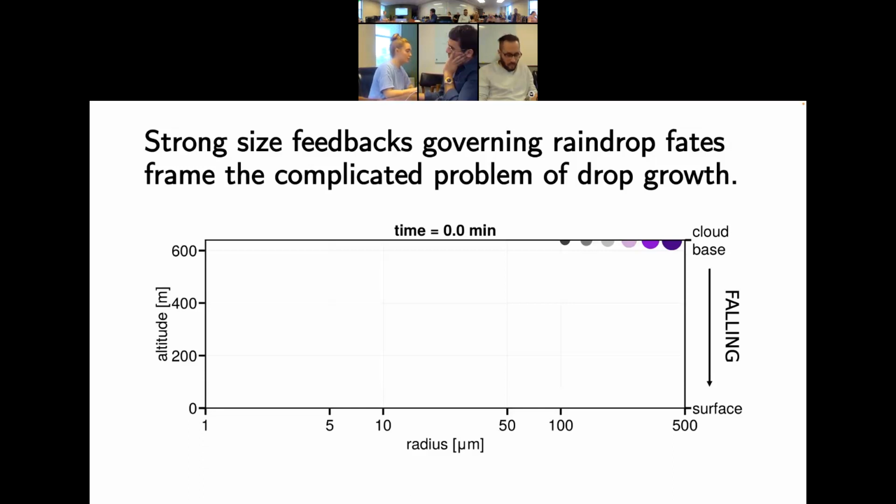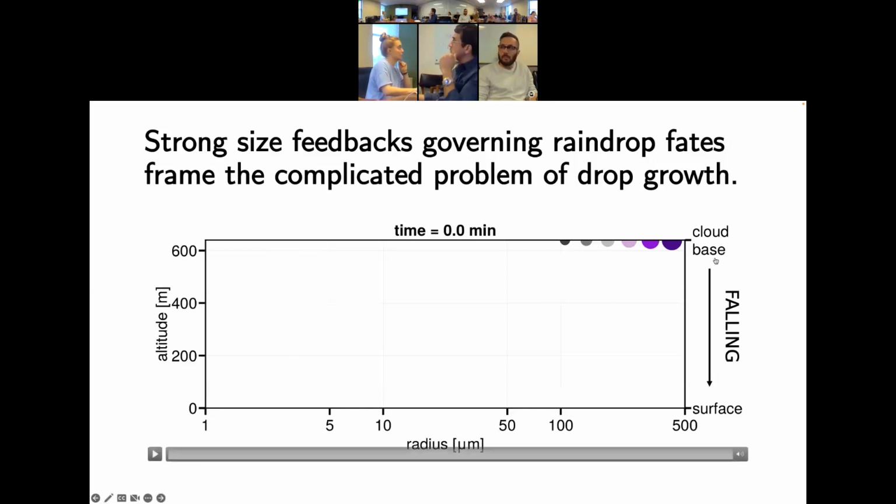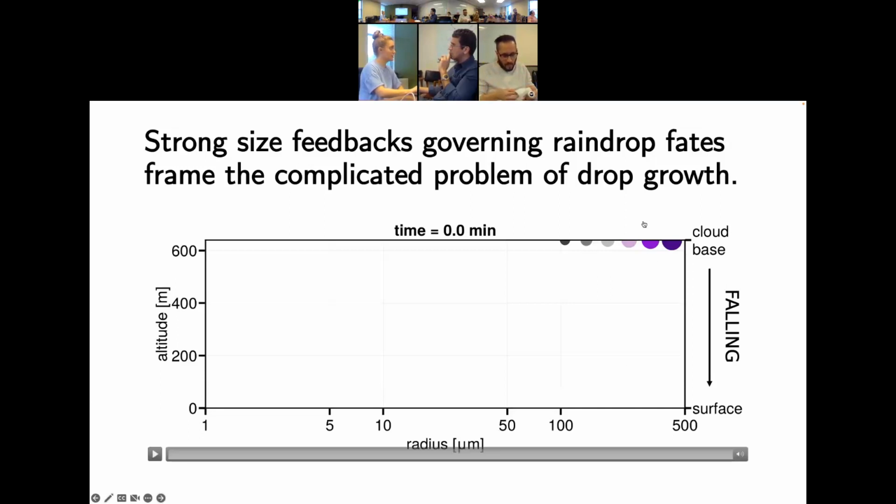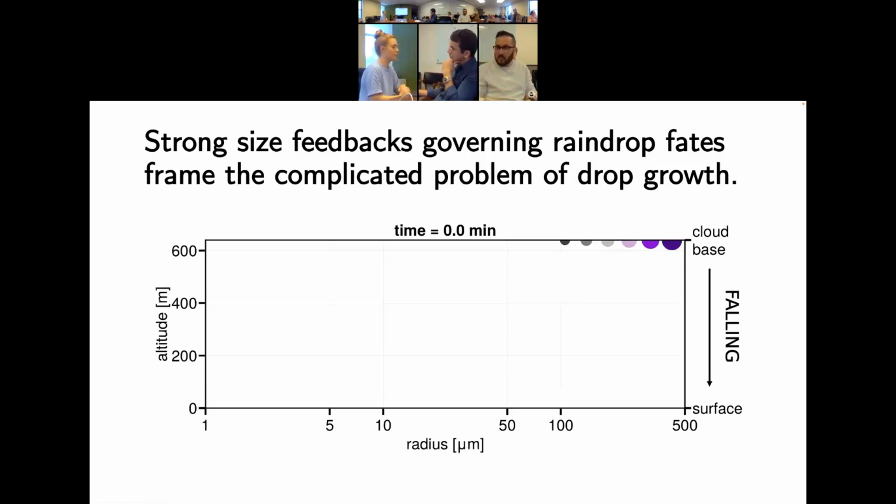And so here I'll just show one example. This is from modern Earth conditions. We have height on the x-axis, so the top is cloud base, the bottom is the surface, and on the y-axis we have drop radius in microns on a log scale, and we have a bunch of different color initial size drops exiting the cloud, and we can evolve time forward and see what happens.